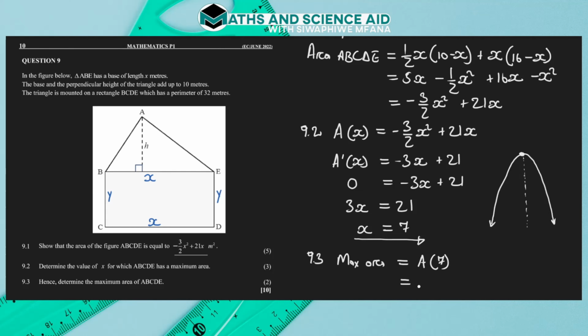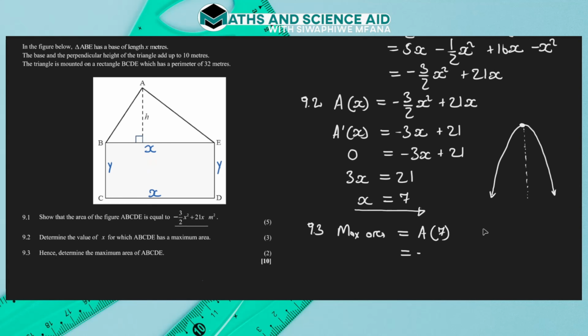So we simply need to substitute in 7 into that equation. So we'll have negative 3 over 2 into 7 squared plus 21 into 7, because that is our equation for the area of this figure.